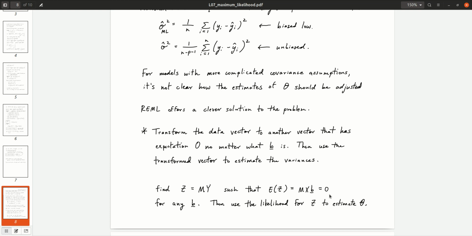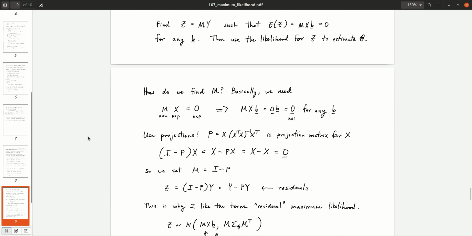So we're picking m so that this is true, and specifically so it's true no matter what b is. So it's not going to depend on the actual value of b, so we don't have to estimate it first. Then we just use the likelihood for z. Z is another random vector, but z has mean 0, and we use the likelihood for z to estimate theta.